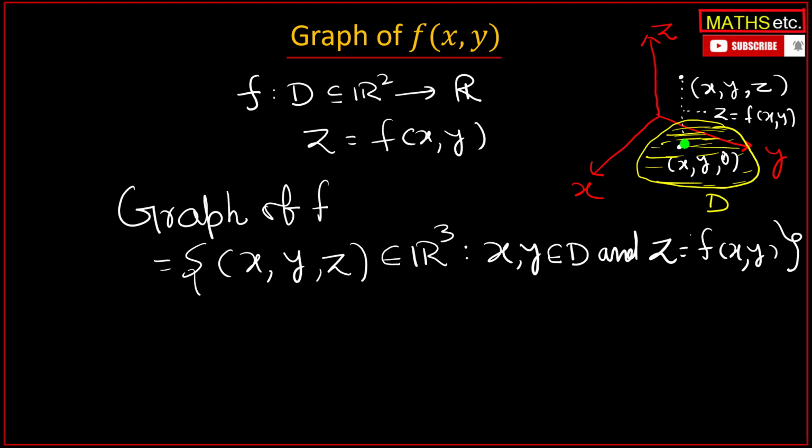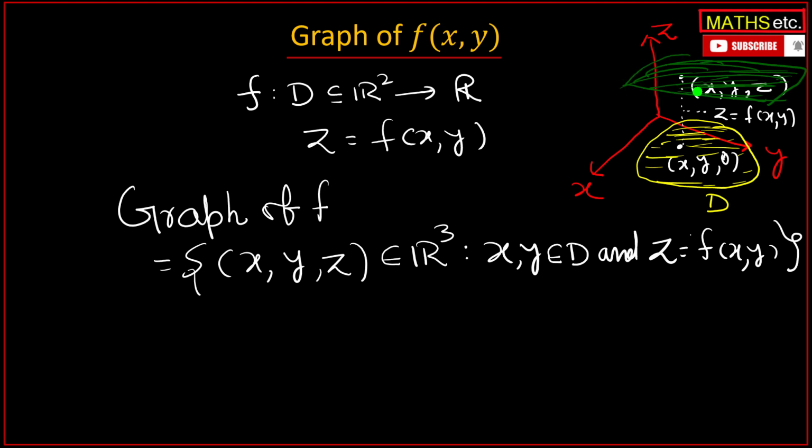So for every (x, y) point in D, there will be a corresponding (x, y, z) point in space, and collection of all these points will look something like this one. We are shading it by green color, and this is what we are calling collection of x, y, z points in 3D.